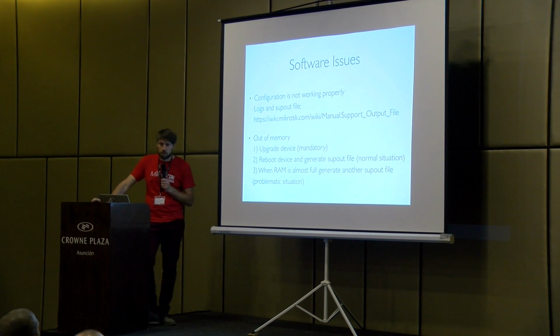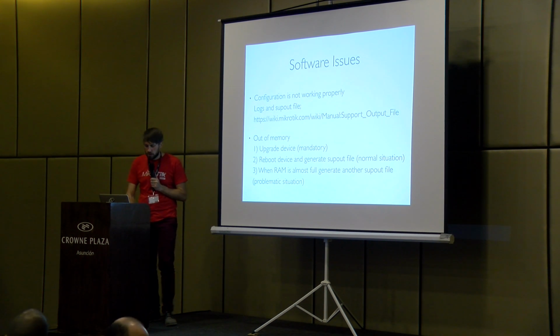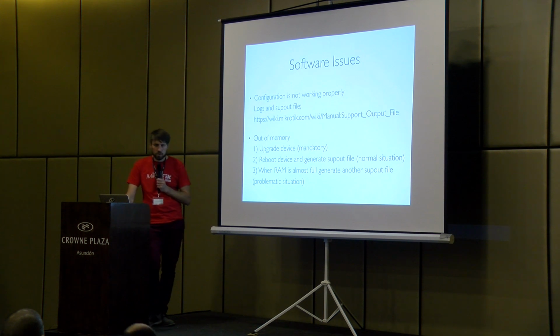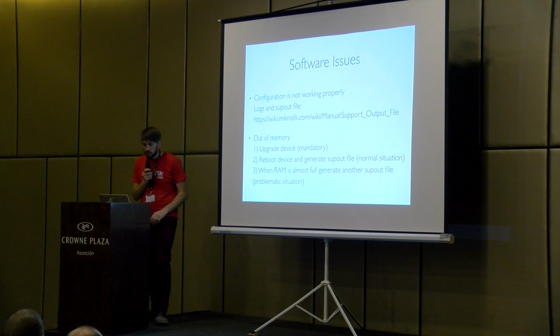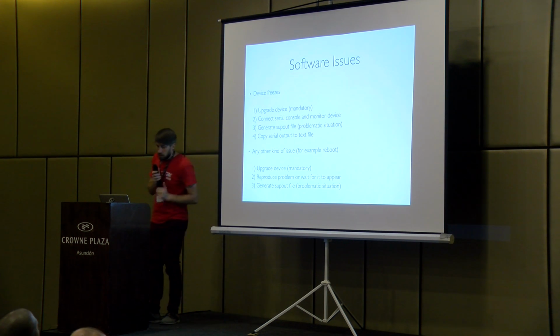Then when RAM is almost full, make another support output file and send us both files, and we will see what is wrong with your device and what is using your memory, and then we will give you a reply. Most likely we will make a new RouterOS version, and you will be able to upgrade and use it later.